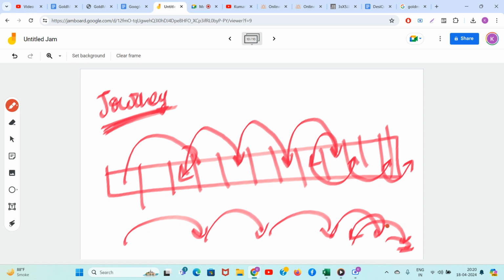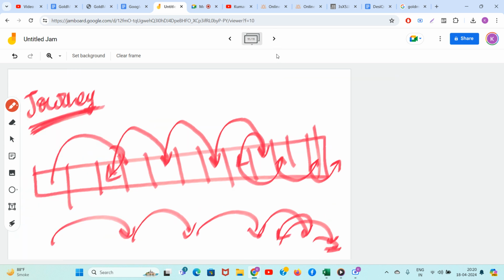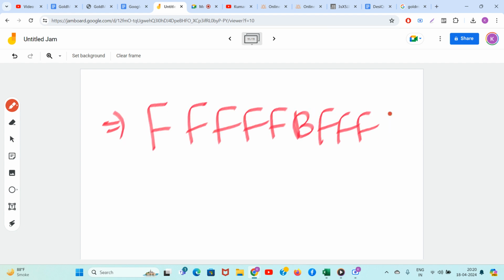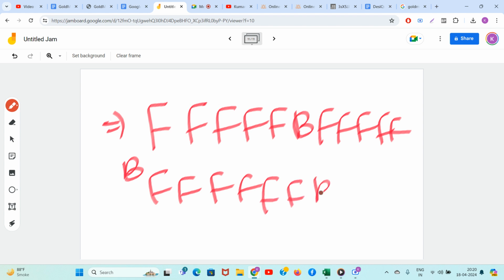Guys, can anyone see something that only I saw and no one else saw? Your sequence of moves will always look like this: forward, forward, forward, forward, backward, forward, forward, forward, forward, forward, forward, backward, forward, forward, forward, forward, backward, forward, forward, forward.